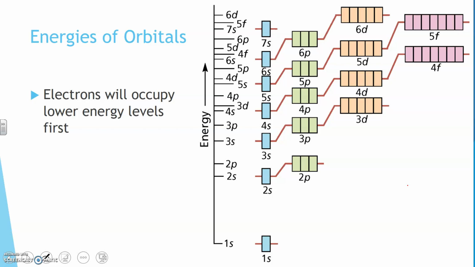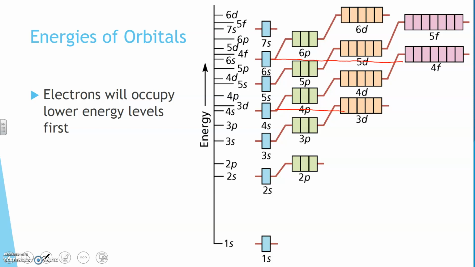But once you start getting up to 3p, you will notice that 4s actually has less energy than 3d. So you do 3s, 3p, and then 4s, and then you go back to 3d. That trend continues when you add in the f's, because 6s has less energy than 4f. So it gets a little bit confusing.